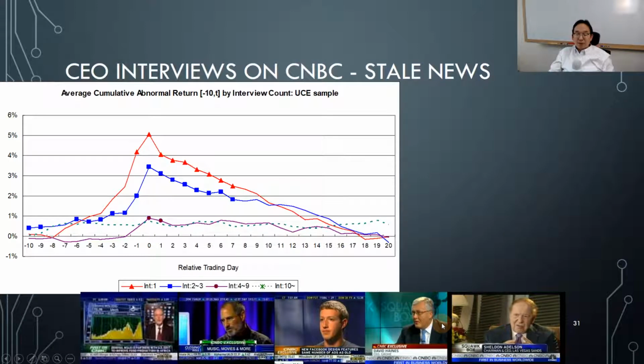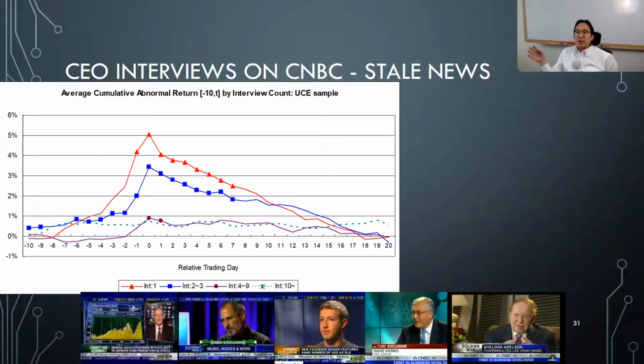Not only that, but also CNBC interviews or CEO interviews on CNBC are a similar event, because the CEOs cannot say something new, an important announcement, in limited news media like CNBC. CNBC is the biggest news media on television in the US, but it's still cable television. It's not for the public, it's not commonly shared by everybody.